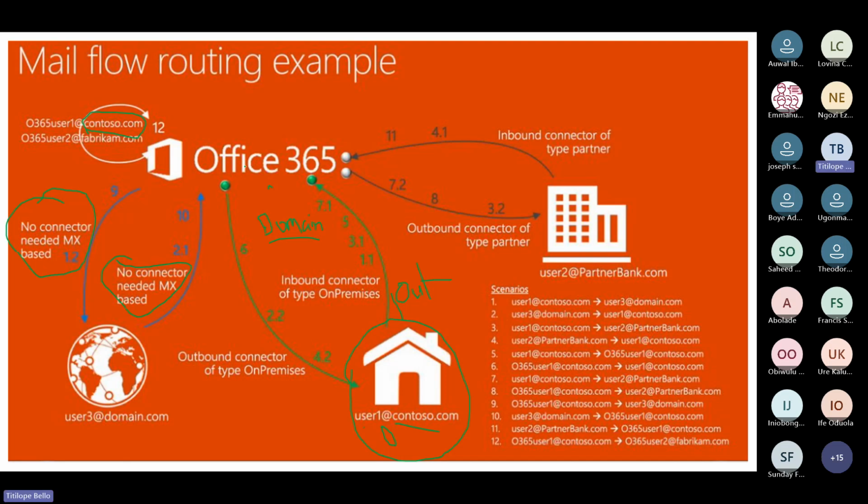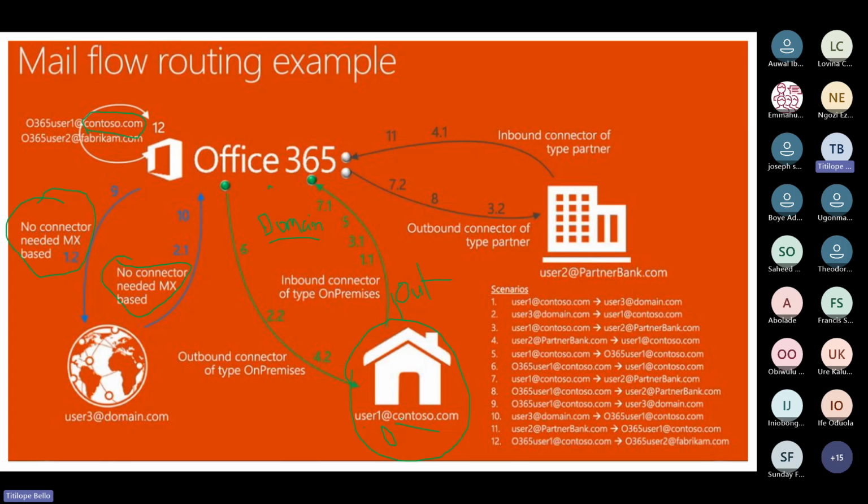Likewise, for users in Contoso to be able to send email to the user here, this side also needs a connector. The connector responsible from here is the outbound connector because it's sending the mail out to the on-prem Exchange server, while the one that will receive the email there is the inbound connector.